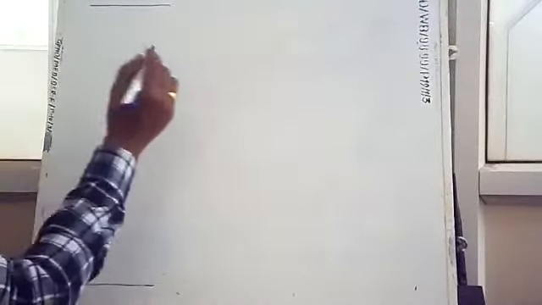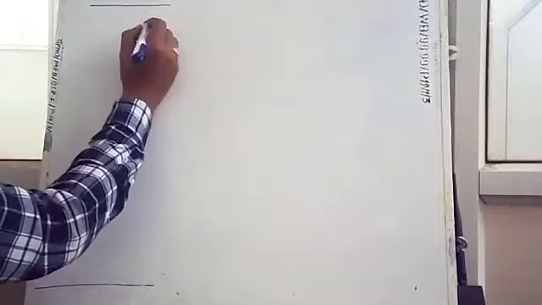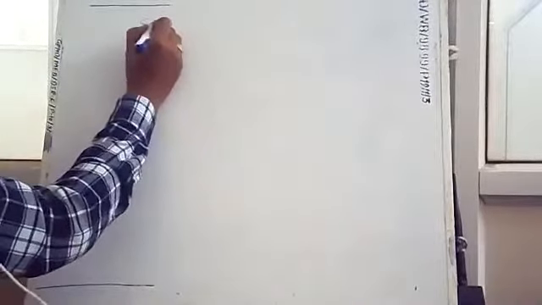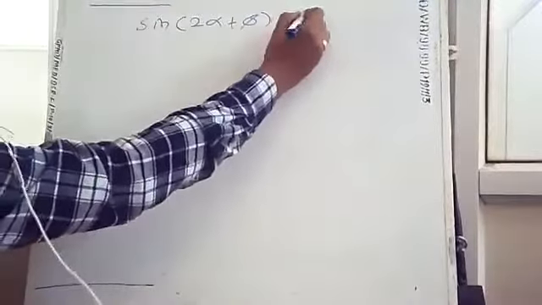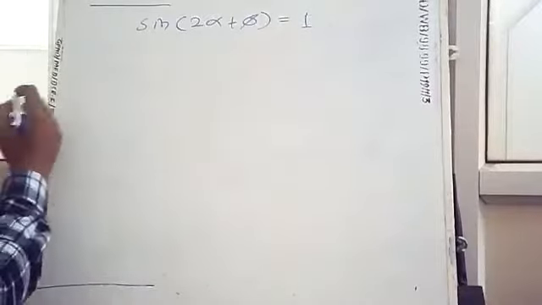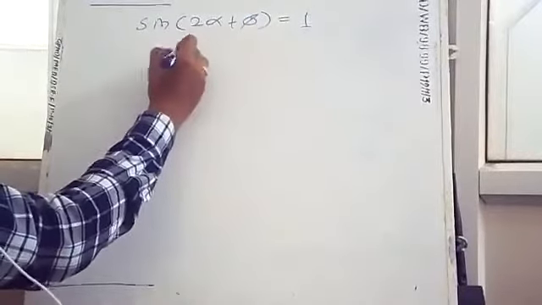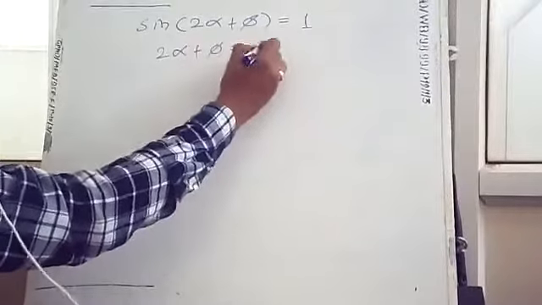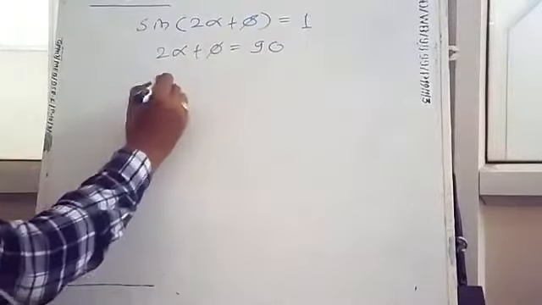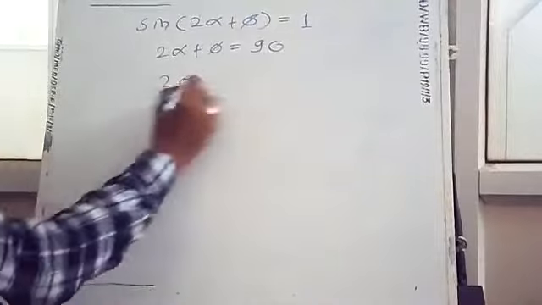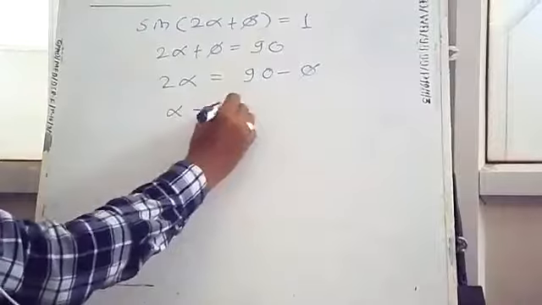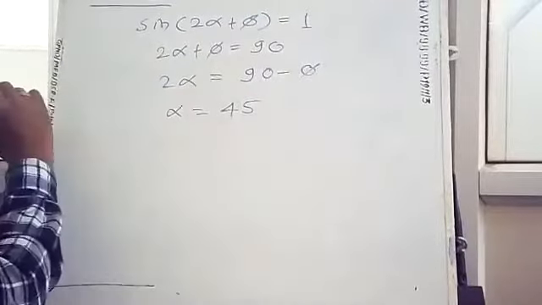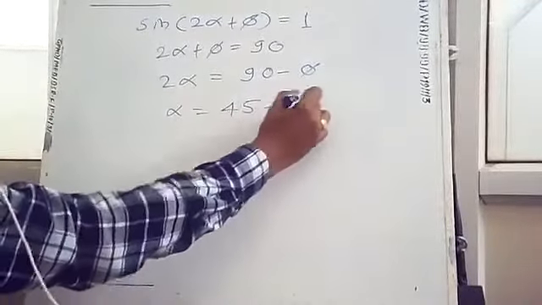One more thing is clear from this efficiency equation: as we just now saw, sine of 2 alpha plus phi is equal to 1. This is the condition. That means 2 alpha plus phi equals 90. Now 2 alpha is equal to 90 minus phi, or alpha equals 45 minus phi by 2.